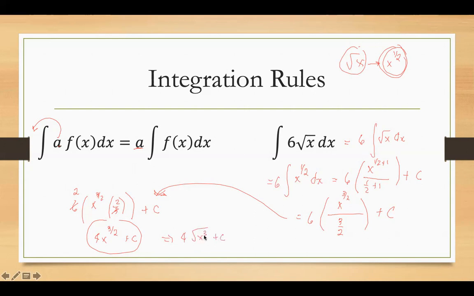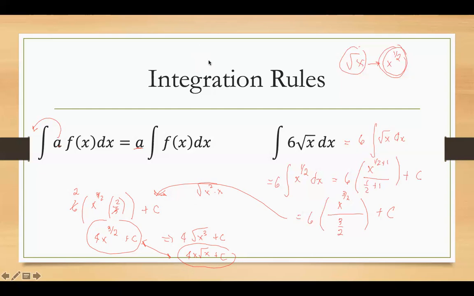And if you notice, there is more in it, right? We can pull out because x cubed has x squared times x, and the square root of x squared is just x. So we can have 4x square root of x plus c. You can have this answer or you can have this one. No worries on that. All right, so that's how we apply this third integration rule.